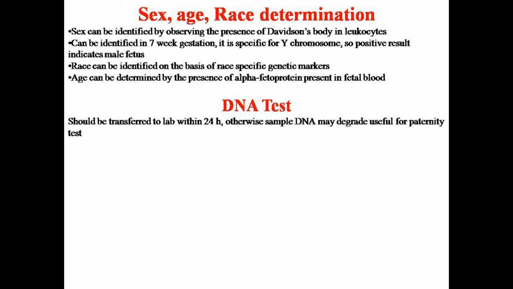It is present in the mother's blood, and if it is present, then the fetus is male. For race, certain racial genetic markers can be studied. For age determination, fetal hemoglobin can be used, which contains alpha fetoprotein.